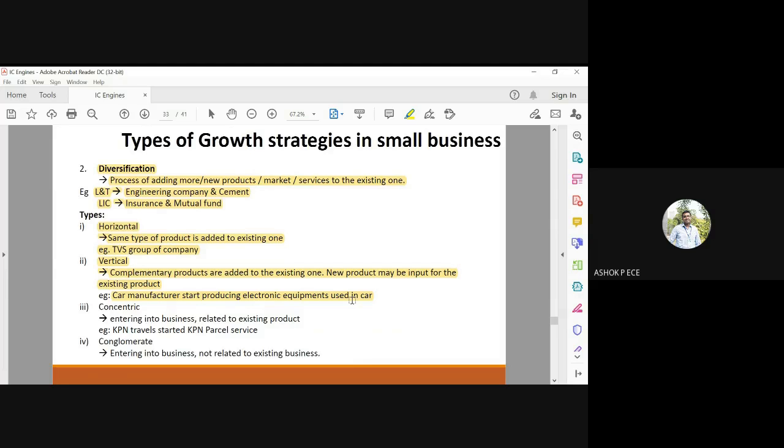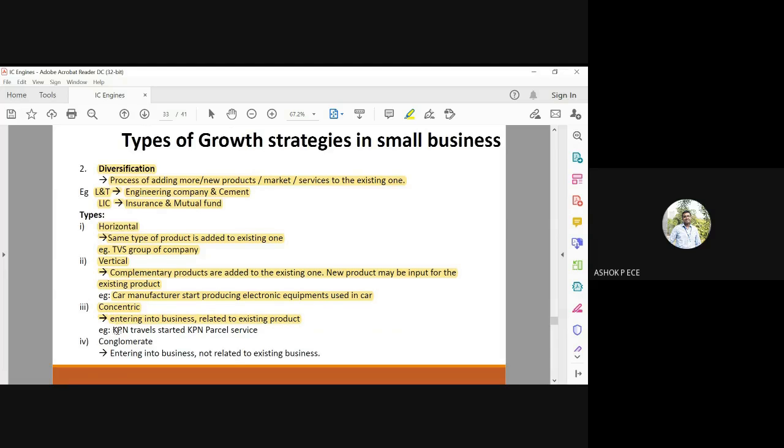The speaker systems inside the car are manufactured by Ford. So the area of business for Ford is only cars, but they are not stopping with the car. They are also manufacturing all the electronic equipment used in the car. Okay, that is vertical. Horizontal means same product, right? Vertical means completely different.